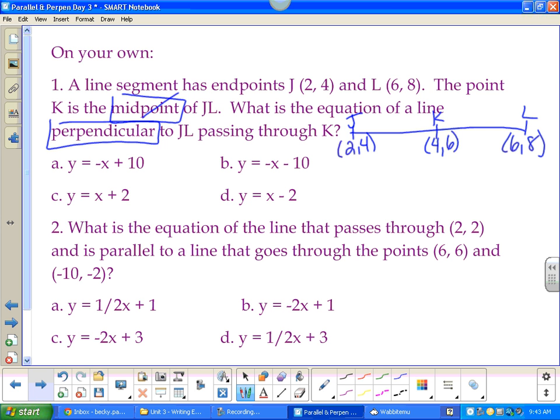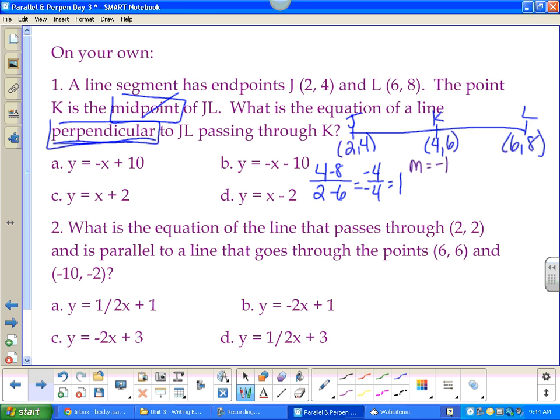Now let's deal with the fact that I'm perpendicular. So I'm going to find the slope between J and L. So 4 minus 8 over 2 minus 6. -4 over -4, which is a +1. But I want to be perpendicular to him, so I want my slope to be a -1.